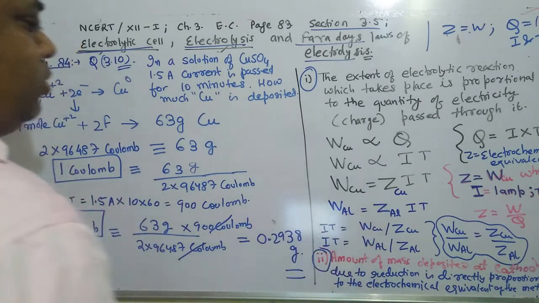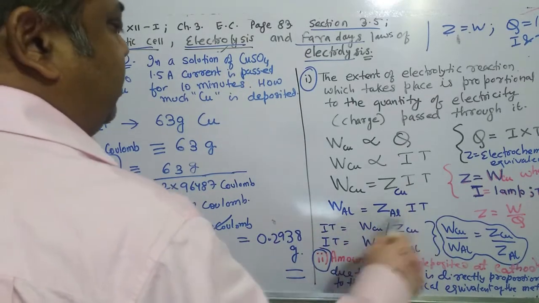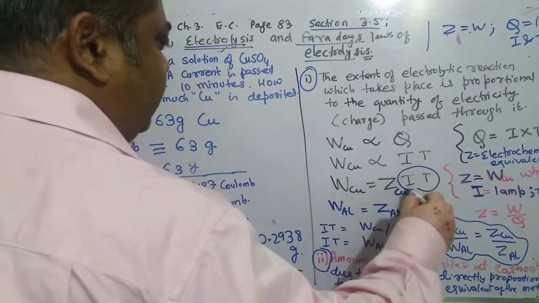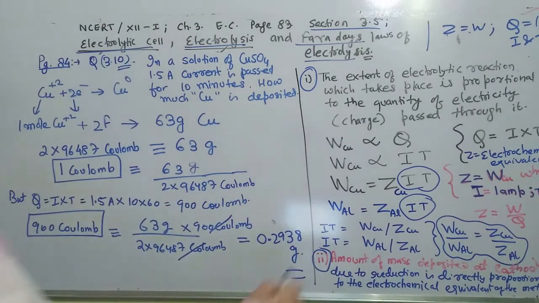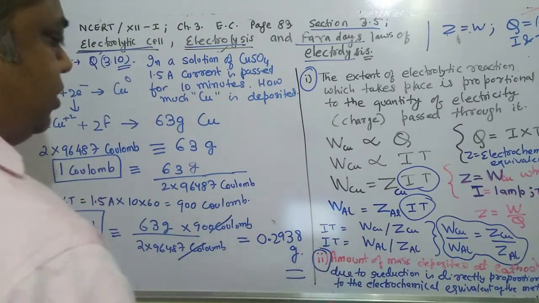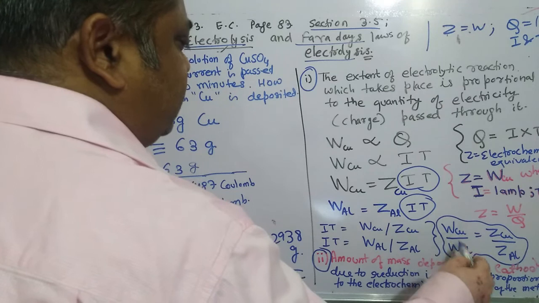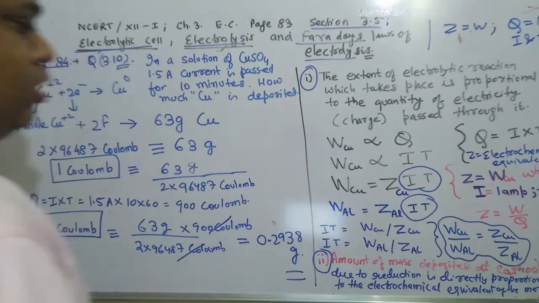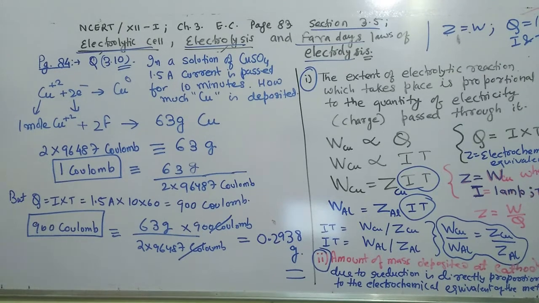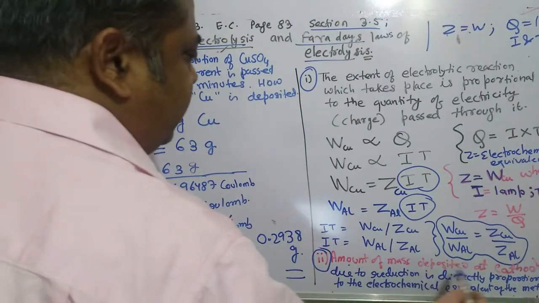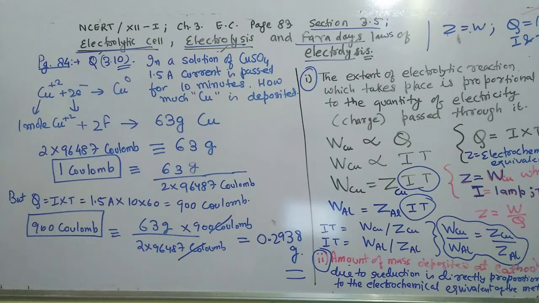So W_Al will be equal to Z_Al into I T. Similarly, just like W_Cu, the value of I T is the same for both, so both can be equated, and hence we get the ratio of the mass deposited equal to the ratio of their corresponding electrochemical equivalents. Hence the second law of Faraday's law of electrolysis is that the amount of mass deposited at the cathode due to reduction is directly proportional to the electrochemical equivalent of the metal or the element.